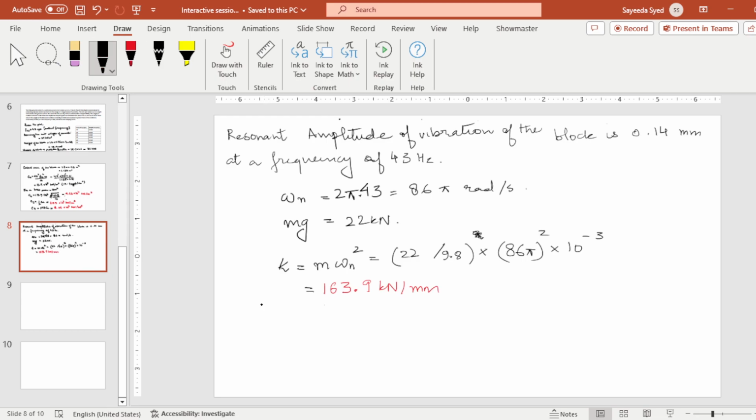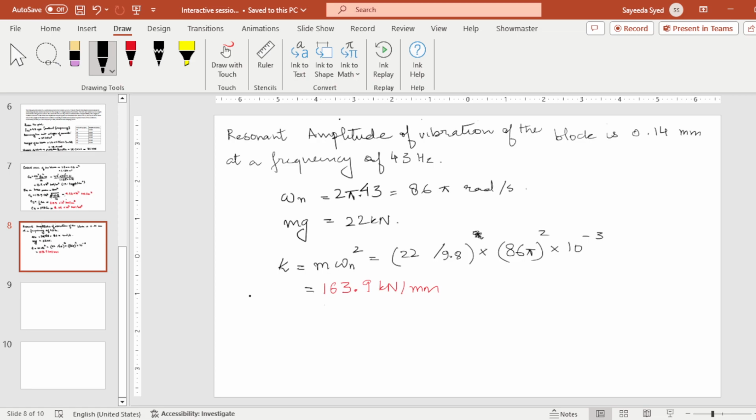Okay, moving forward, the amplitude of vibration at resonance is given by Az equal to dynamic force over spring constant times 2 times the damping factor, or we can write it as P naught by 2k eta.